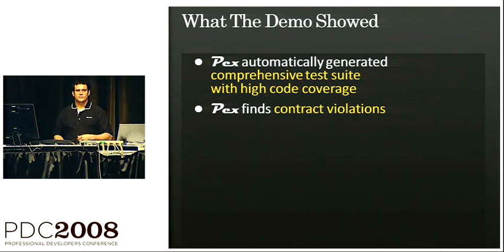PEX can find exceptions when an instruction can throw an exception, like the division error. PEX can also find contract violations. So if you write assertions and contracts, PEX can leverage them to try to check whether your program not only doesn't crash, but whether it's also doing the right thing.